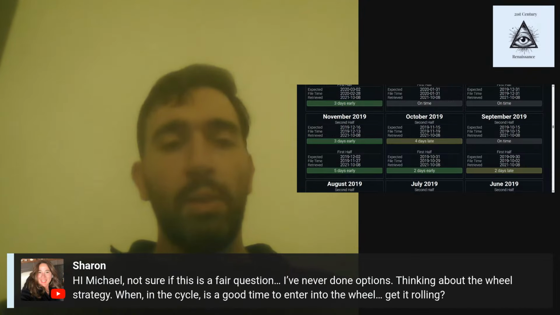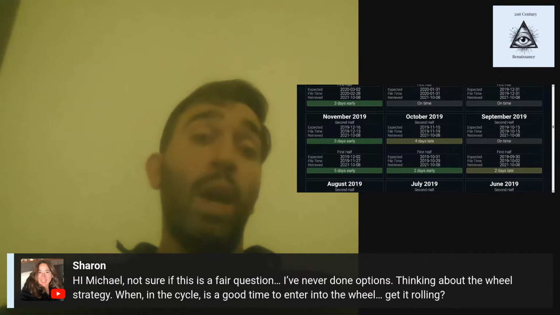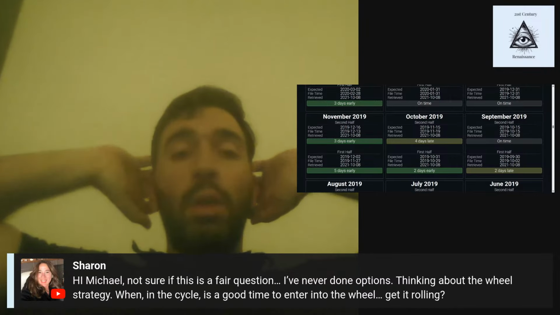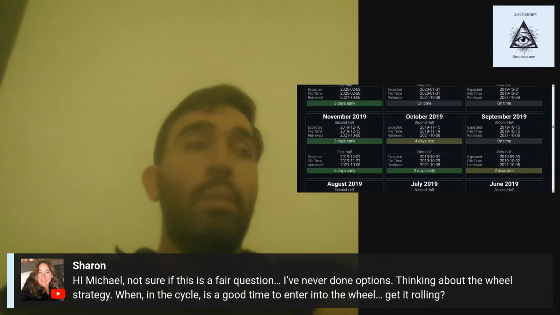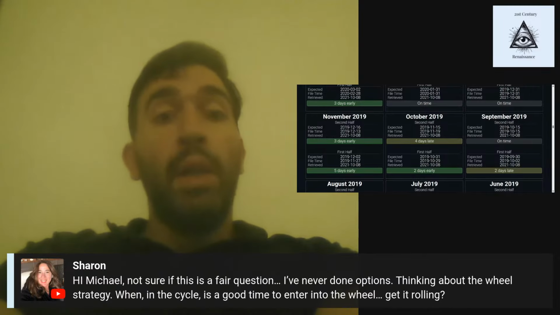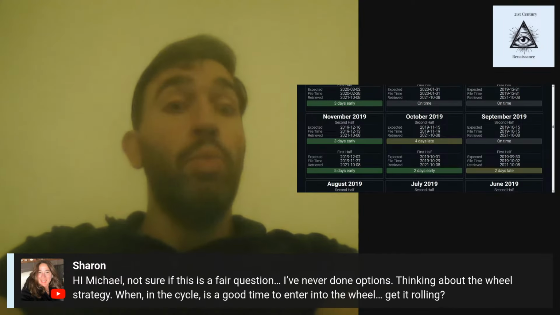Never done options. Thinking about the wheel strategy. When in the cycle is a good time to enter the wheel, get it rolling? So right now, it's a good question. Right now, this is an ideal time to sell cash secured puts.